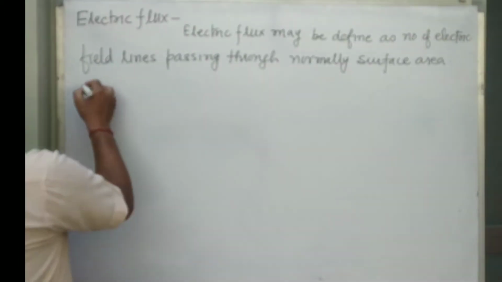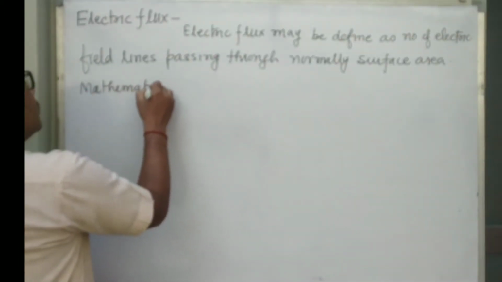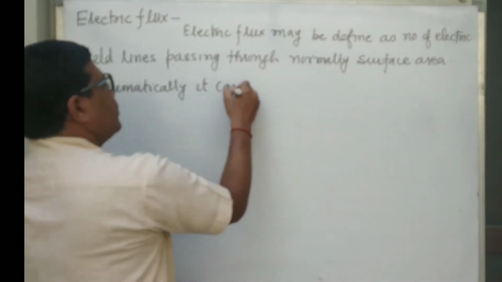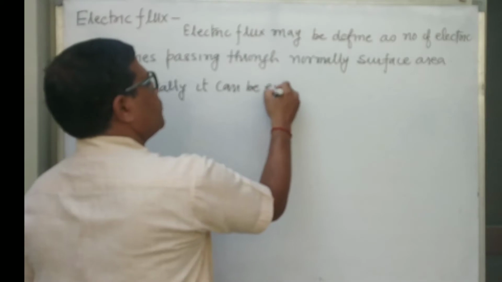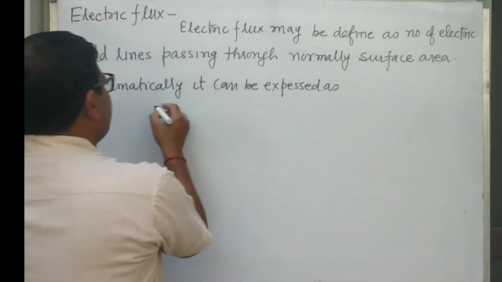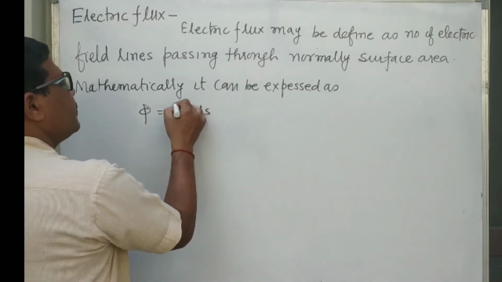Mathematically, it can be expressed as phi is equal to E into ds.